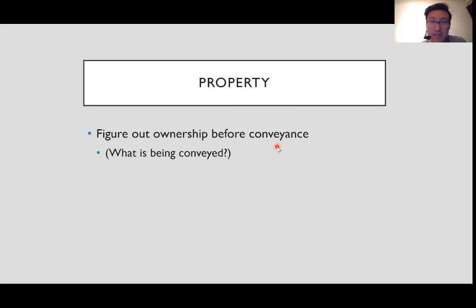You may want to try and settle ownership disputes first as a threshold issue, or the kind of estate that has been acquired by someone before they end up conveying it. That's so general as to possibly be useless, but that's what I have for you on that.